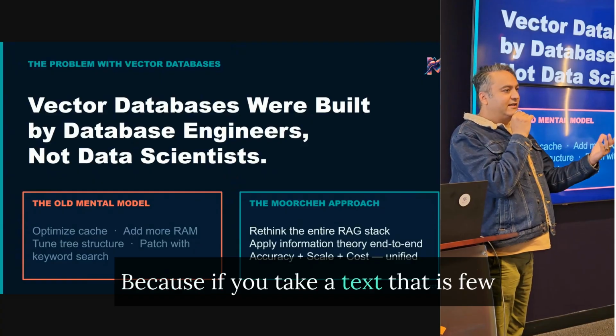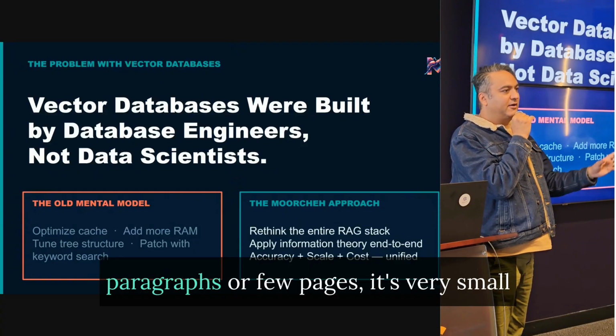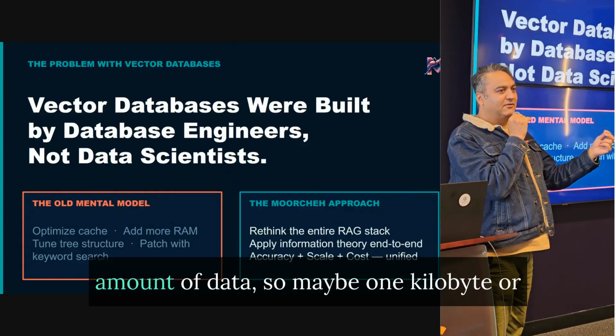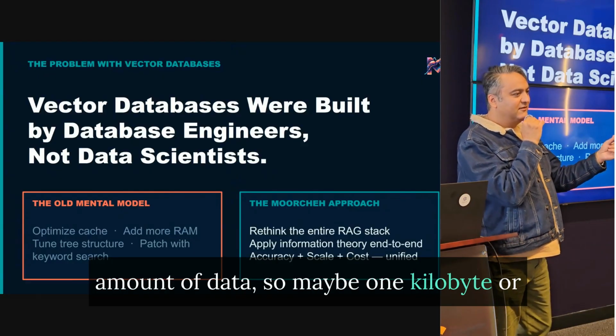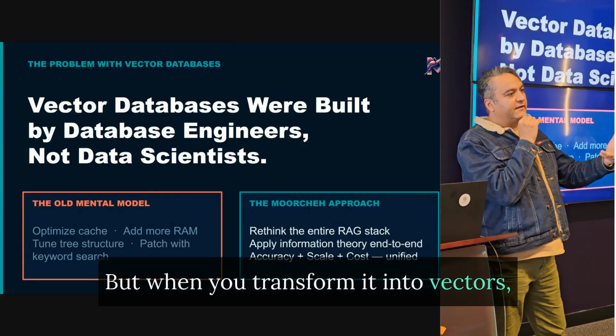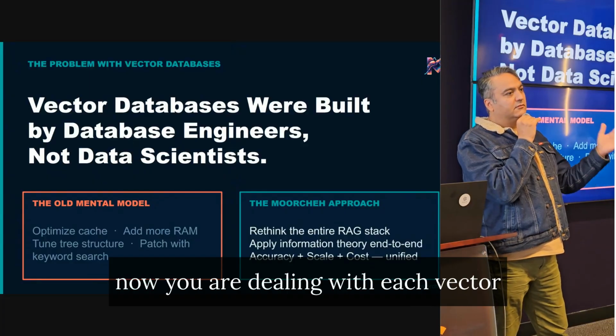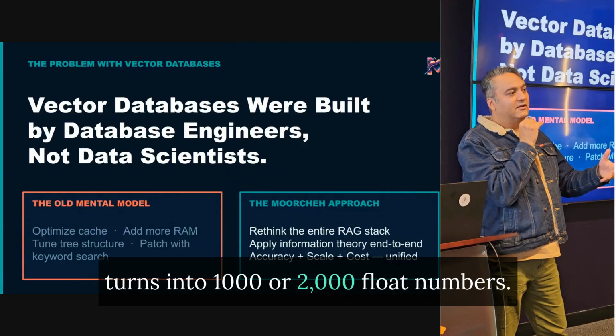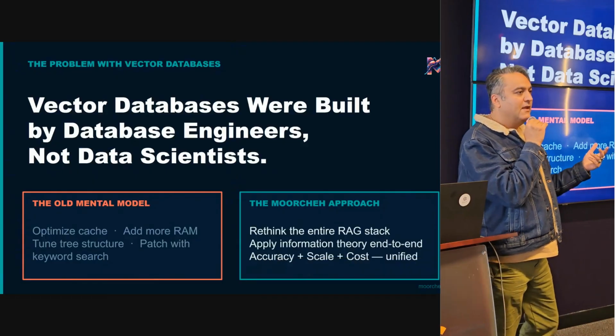Because if you take a text that is a few paragraphs or a few pages, it's a very small amount of data, maybe 1 kilobyte or less. But when you transform it into vectors, each vector turns into 1,000 or 2,000 float numbers.